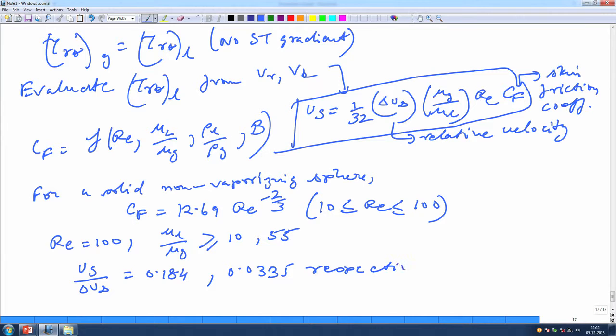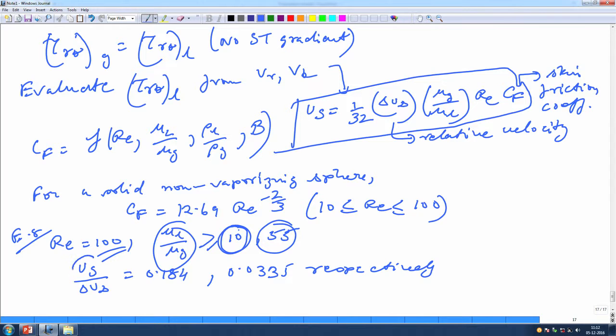This is just to give you an example. So, when the external Reynolds number is of the order of 100, and mu L by mu g is of the order of 10 or 55, you can see when it is 10, that means the ratio of the viscosity between the liquid and the gas is only 10 times. The gas is obviously 10 times less viscous than the liquid.